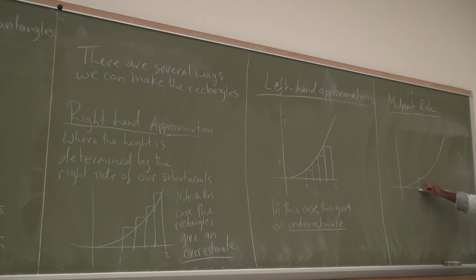So this goes like that, this goes like that, this goes like that. So you see here, this part gives me an overestimate, but this side gives me an underestimate, so it's supposed to be sort of more accurate. So you're sort of trying to balance things out. Right?